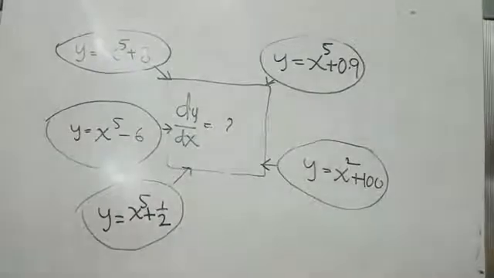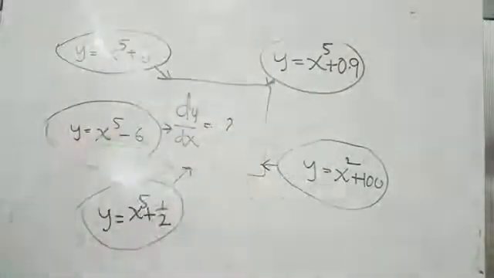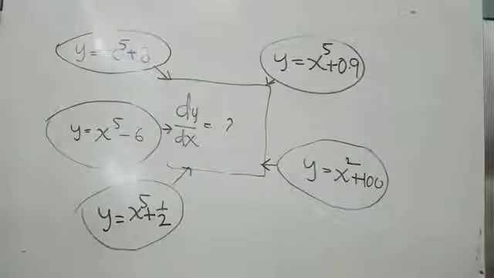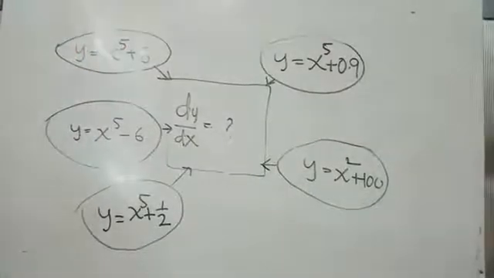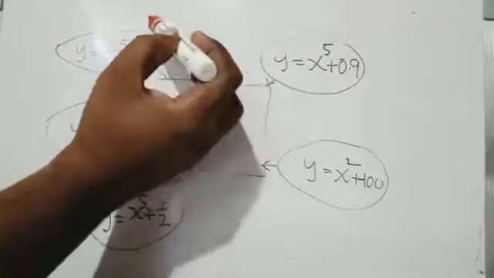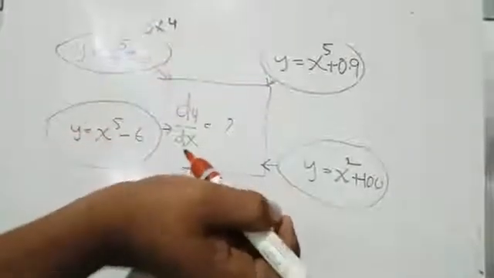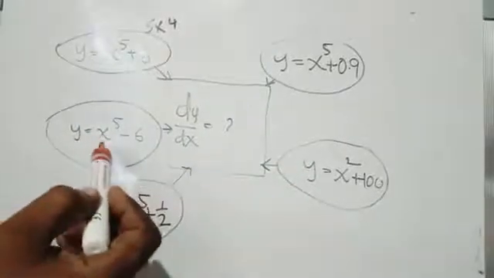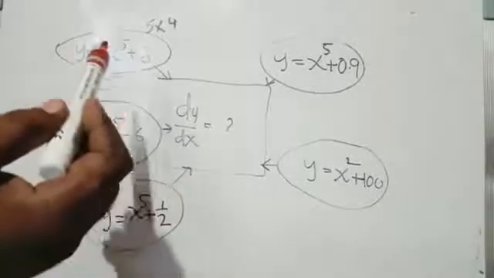So let us find the derivative of these 5 functions. Tell me, what is the derivative of y is equal to x raised to 5 plus 8? It's nothing but 5x to the power 4. So what is the derivative of this one? Next function, that also 5x raised to 4.